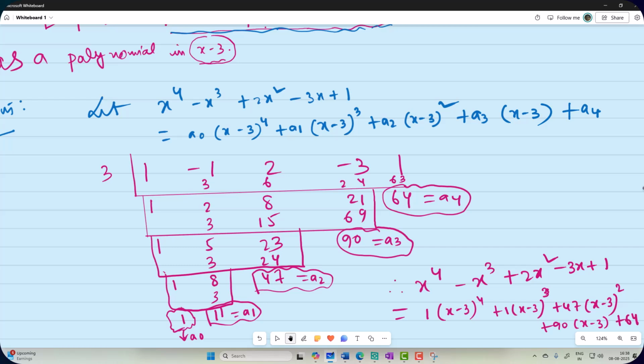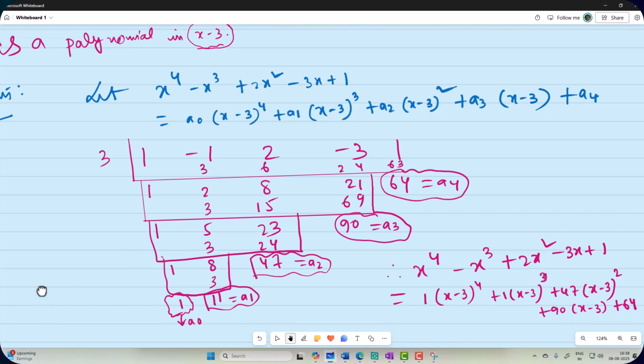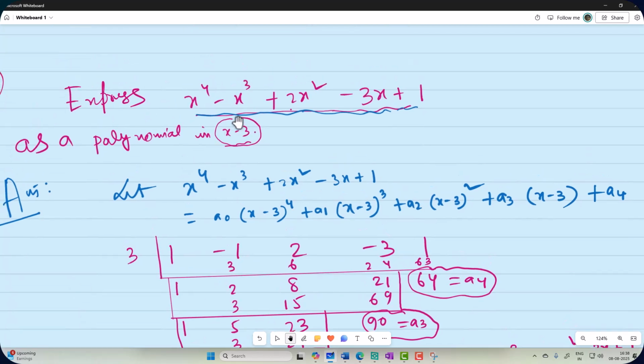Got it? So this way we can express a polynomial in terms of another polynomial.